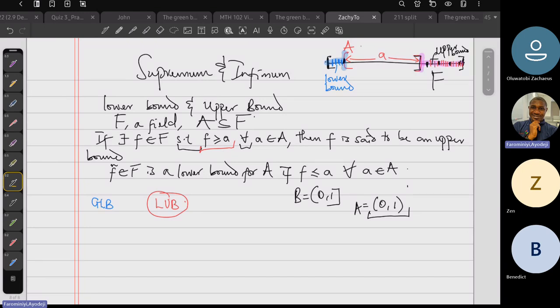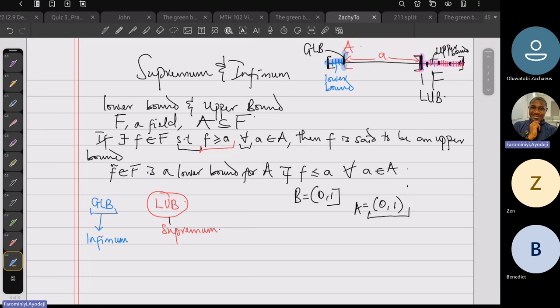So there's going to be one that will lead all of them. That is the greatest lower bound. And the one that is leading everybody here is the least upper bound. So the fancy name that we give the least upper bound is what we call the supremum. And the fancy name that we give to the greatest lower bound is the infimum.